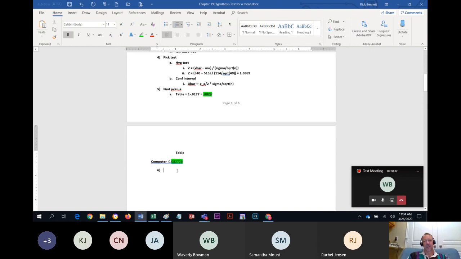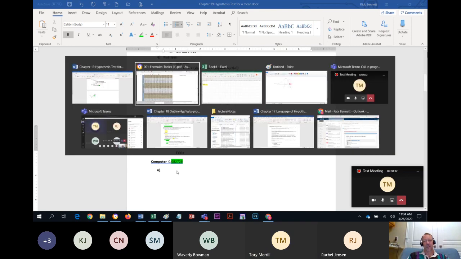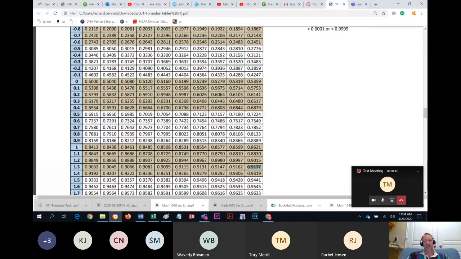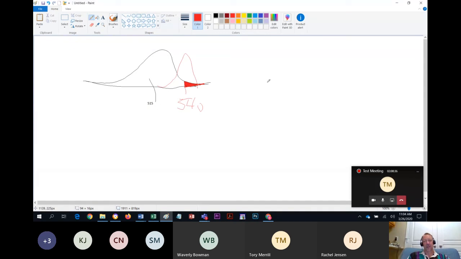Do you always want us to do 1 minus the p-value to compare it to the alpha? Is that like something you do every time? I didn't hear the last part of your question, Tori. Oh, I just said, do you do that every time? No, you don't do it every time, because that's why the picture comes in handy.